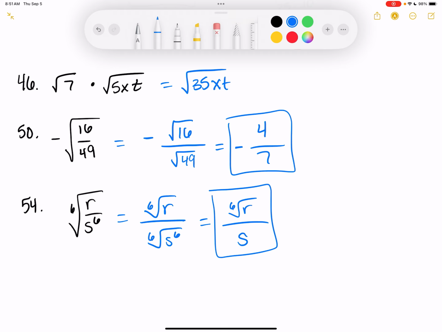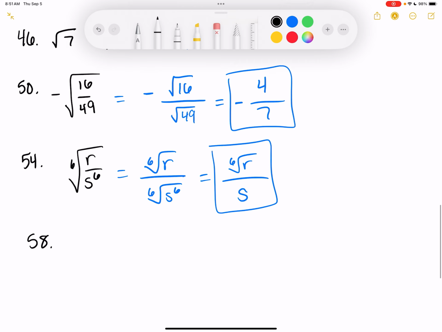Let's see, 58. The cube root of 25 times negative 3 raised to the fourth times 5 cubed.